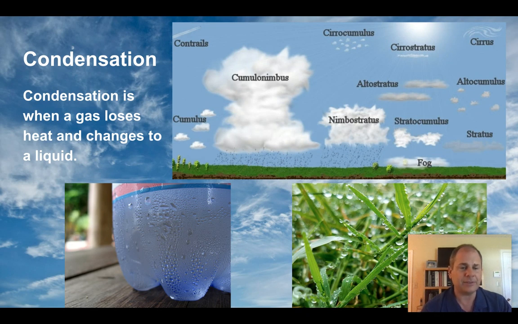This liquid is condensed moisture from the air, and it got cool, and it's on the outside of the bottle. You can see the dew on the grass that has condensed water vapor into liquid again, and clouds are just condensed water vapor. The water vapor is warm, it is invisible near the ground, and it goes up and it cools, and now you can see the water vapor.